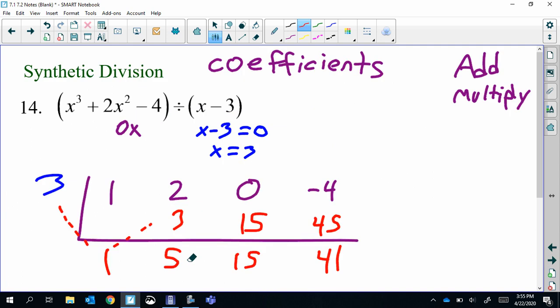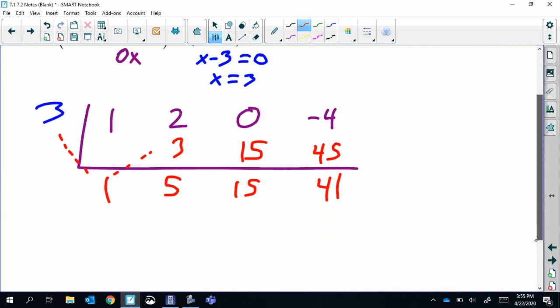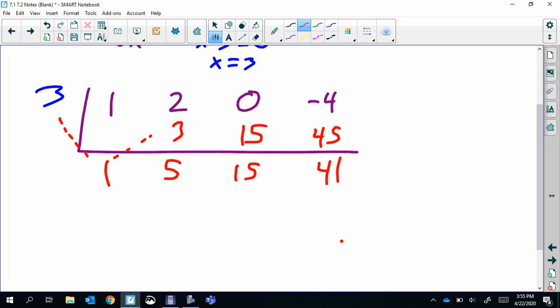Those are your coefficients. So as you put this back into a polynomial answer, starting with your remainder over what we divided by, and then 15, that's going to be our constant. 5 is going to be our linear term. You just got to remember to put your x's back, and they're going to count up.